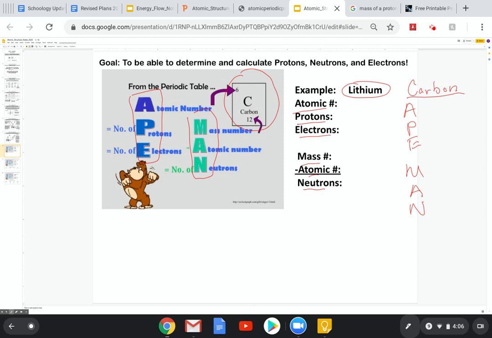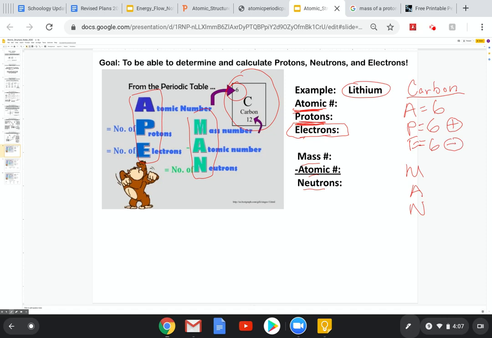So APE, the A in APE, is going to represent our atomic number. So what's our atomic number here? It is the 6. We have 6 as our atomic number, which means we must have 6 protons. Now, we are also going to have 6 electrons, because protons are positively charged and electrons are negatively charged, and we need to cancel them out.